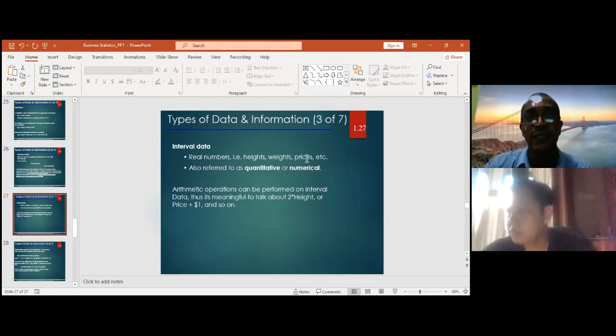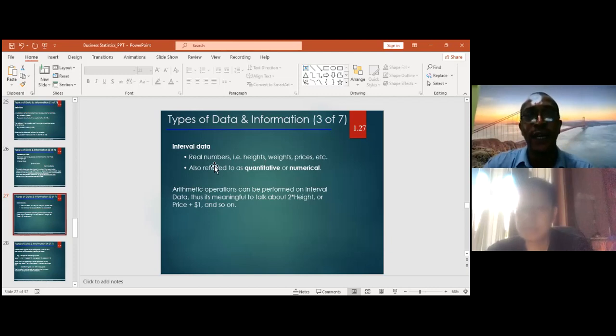And the price of a business product is also interval data. So with this type of data, you can do so many things. This data is also called quantitative or numerical data. So you have learned another new thing. Sometimes they call it interval data, sometimes quantitative data, sometimes numerical data.